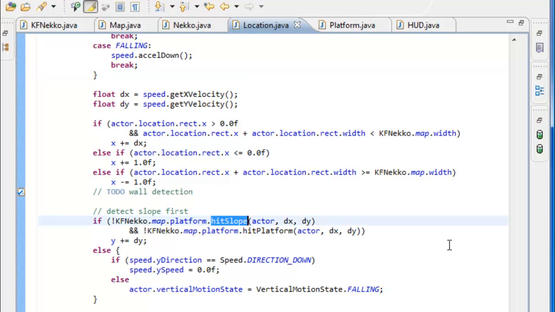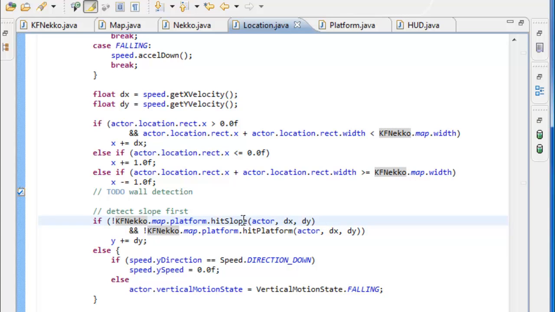So if we detect the slope first, and this returns true, this thing is going to get negated and this will return false. Now if false and whatever, the Java compiler will not even execute the rest if this returns false after negating it.